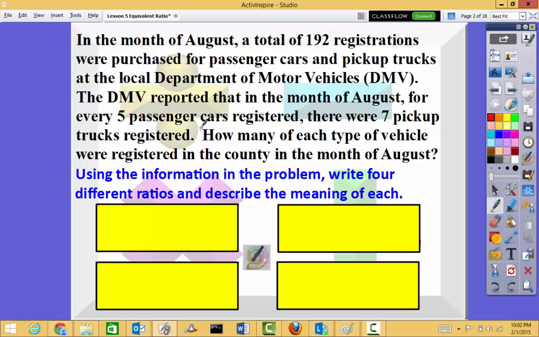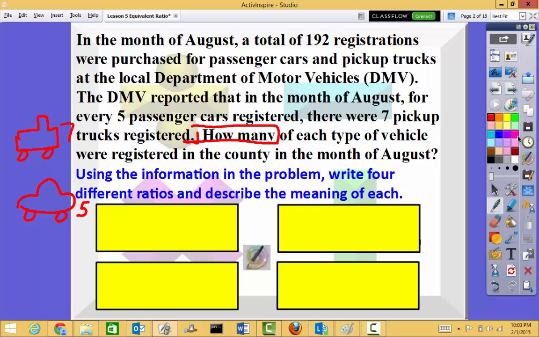So this is our ultimate question. How many pickup trucks and how many cars were registered? And it's telling us that's a 7 pickup truck to 5 car ratio.